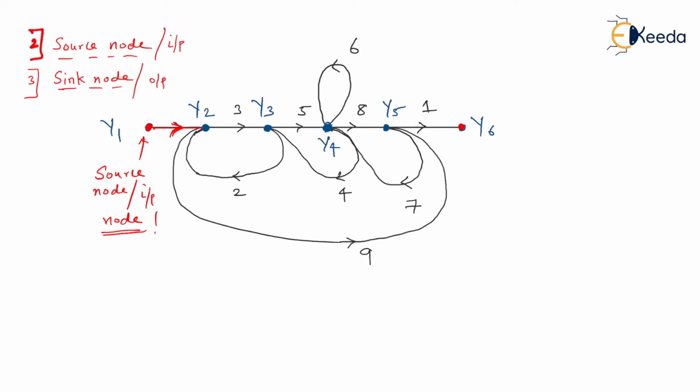So I would say y6 is nothing but a sink node. The nature of a sink node is to only sink. The reason why y2 cannot be a source node is that y2 is not only transmitting but also receiving. Am I right? I'm sure these source node and sink node terminologies are clear to you.